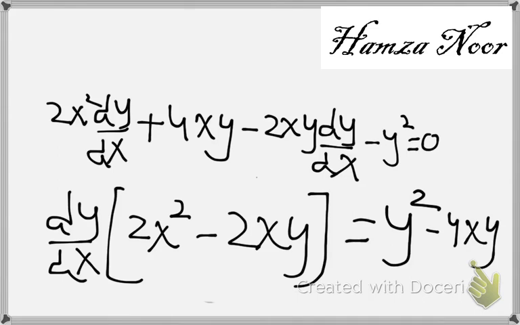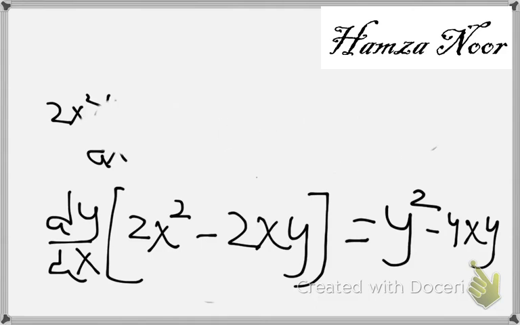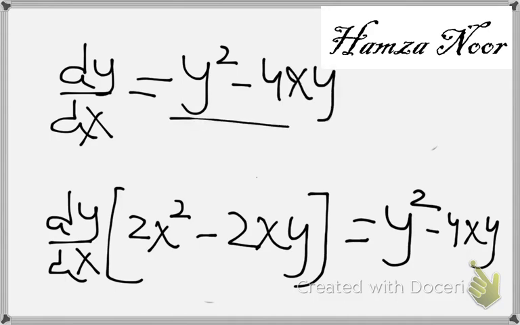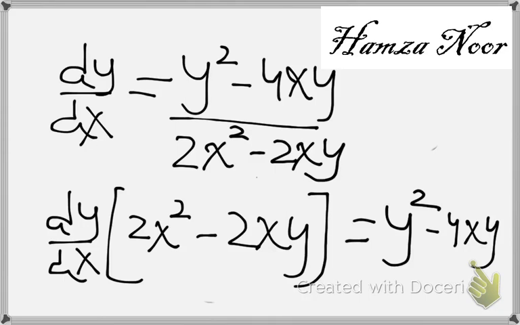So the next step is dy/dx is equal to (y² − 4xy) over (2x² − 2xy).